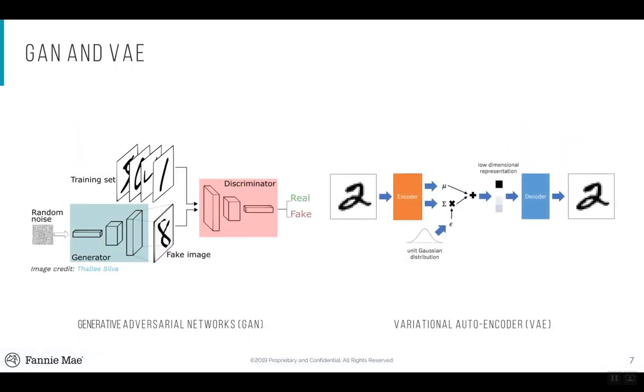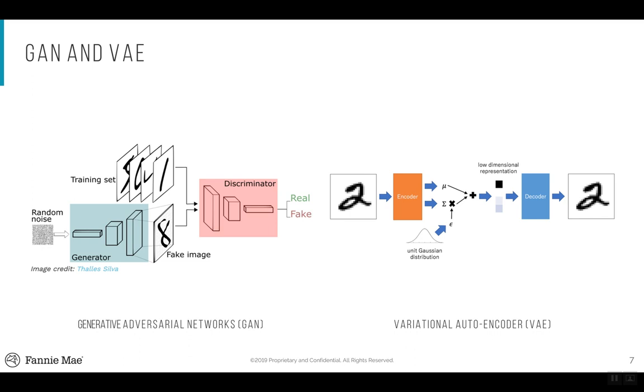There are two types of deep generative models that are extremely interesting. The first one is generative adversarial networks. Unlike most deep learning approaches that only have one deep neural network, a GAN has two deep neural networks, one for generating new synthetic data, and the other one for discriminating which one is real.